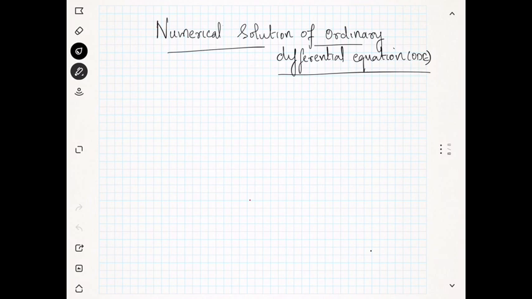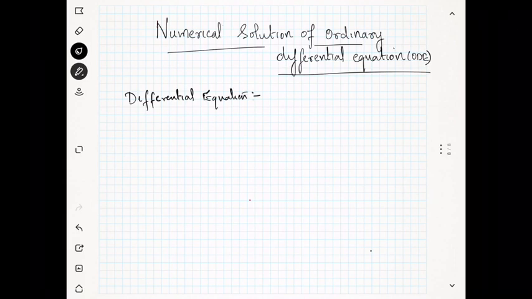equation. So what do you mean by a differential equation?